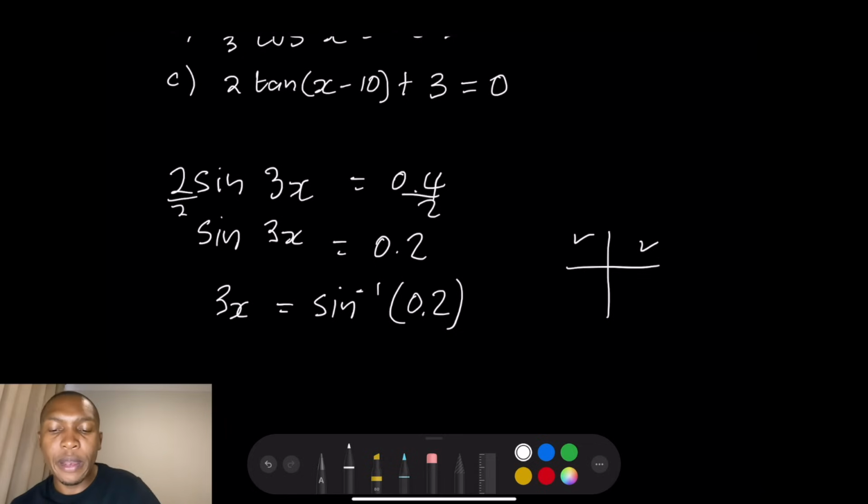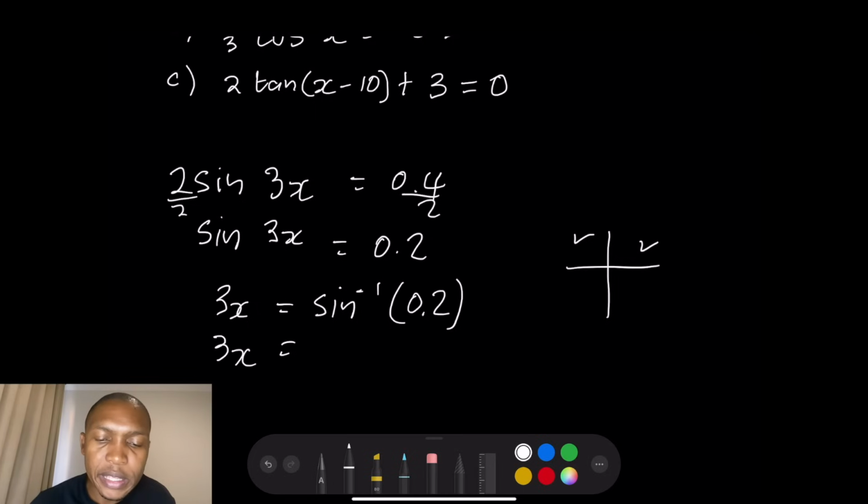Let's find that quickly. That's 0.2, and I have 11.54. So it means that 3x would be 11.54 if I round it off.